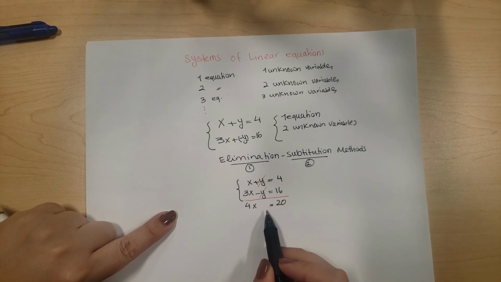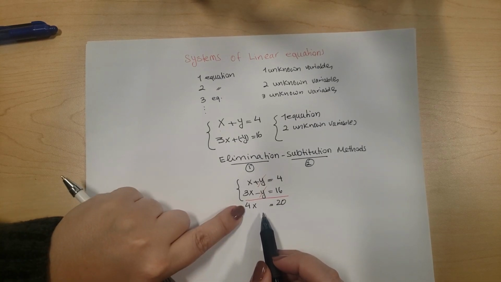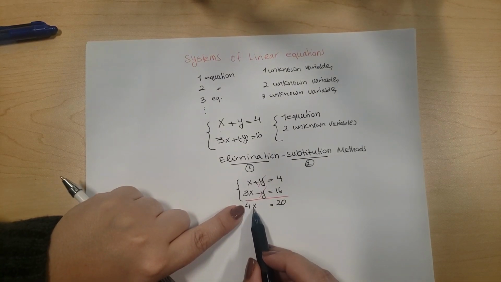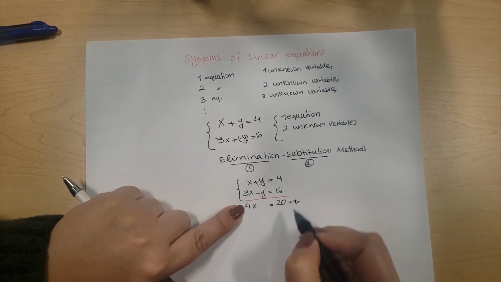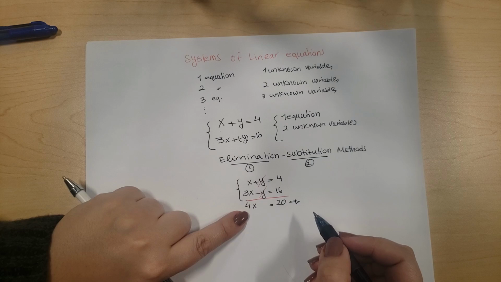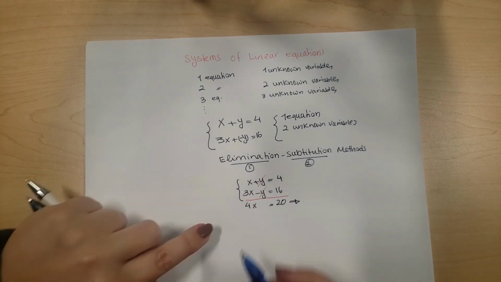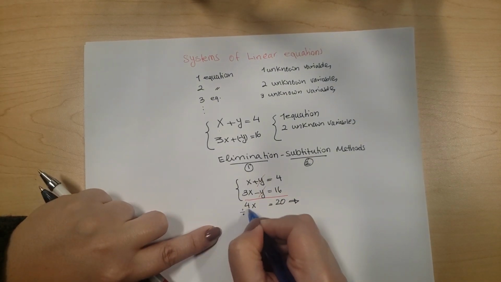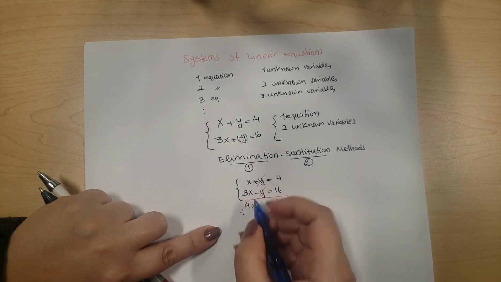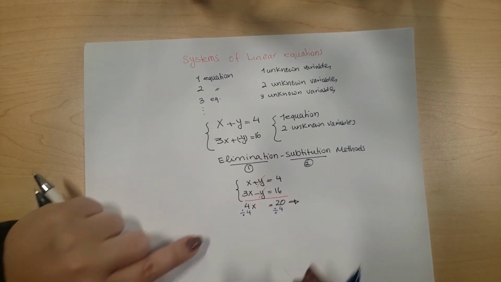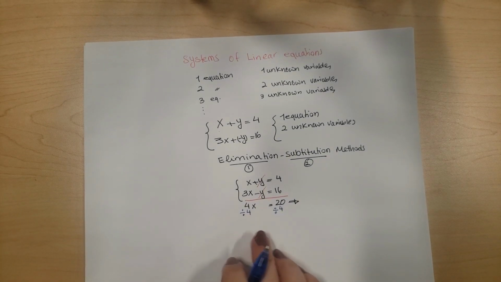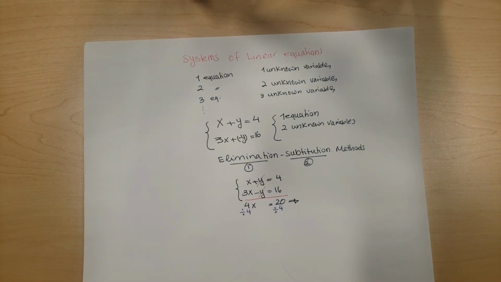So I ended up with one equation in terms of one unknown variable. Can I find x? Yes. How? I can simply do the opposite operation. Here is multiplication, so I divide by 4, and remember, whatever you do to one side, you have to do the same thing to the other side.